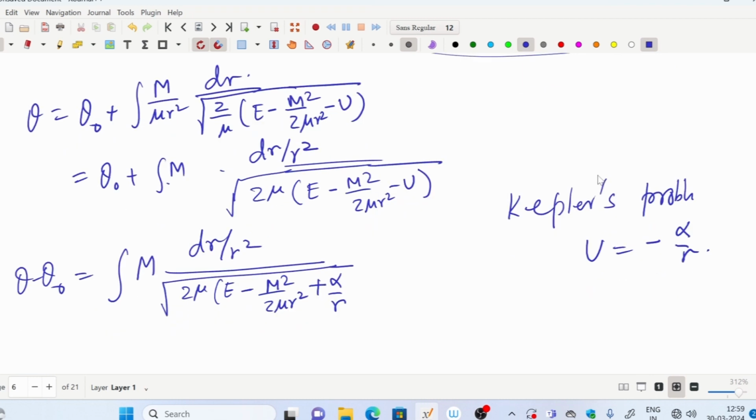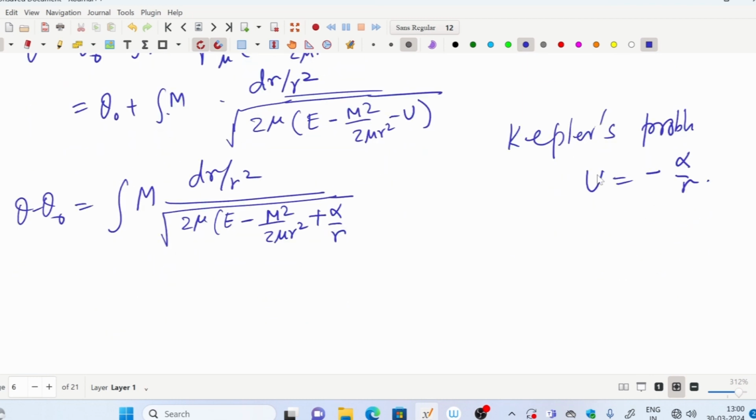And at this moment I will substitute u equal to 1 over r.